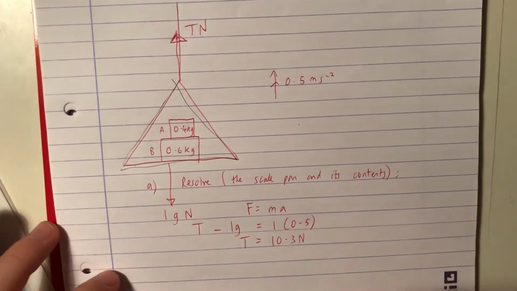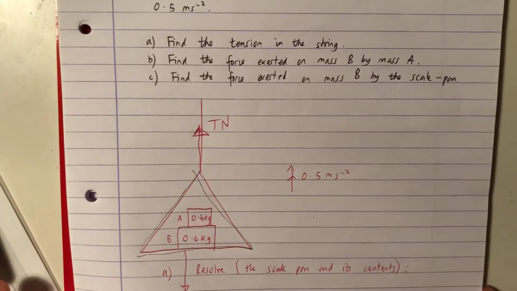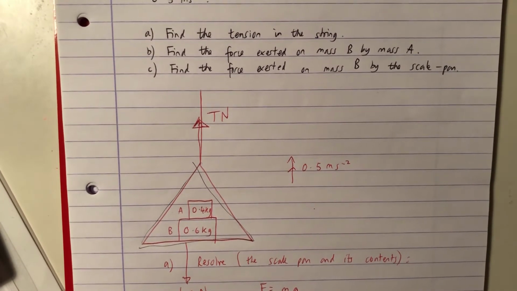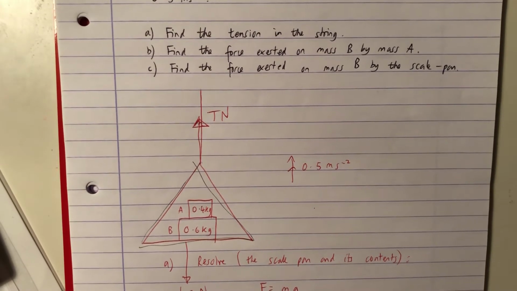Okay, for part B. This is where it gets a little bit more confusing, though, a bit more technical. I need you to really understand the physics of what's going on. So, find the force exerted on mass B by mass A. That is a reaction force.